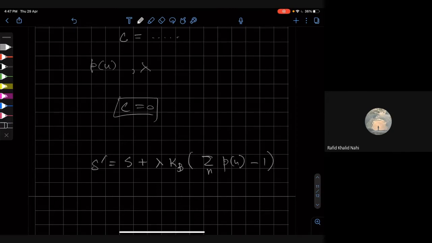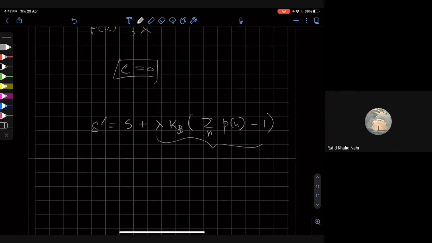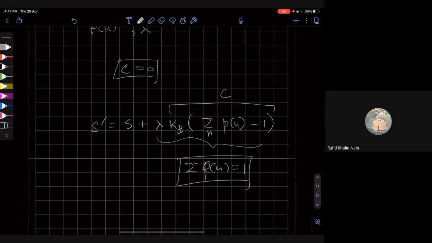What is this telling me? It's telling me that the Lagrange multiplier is implementing a constraint that the sum of all the probabilities has to be 1, right? Because this is C. C equals 0 means the sum of all the probabilities is 1.